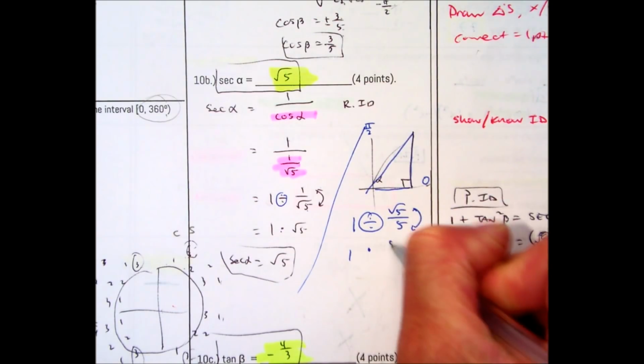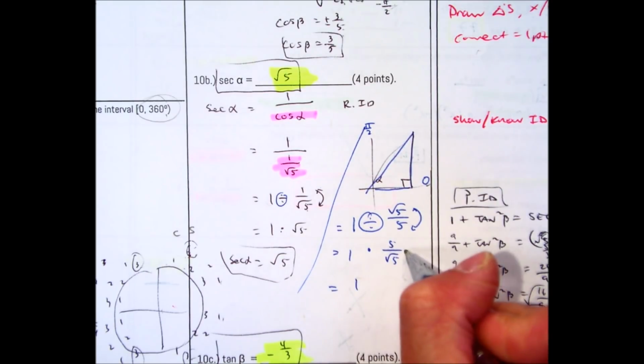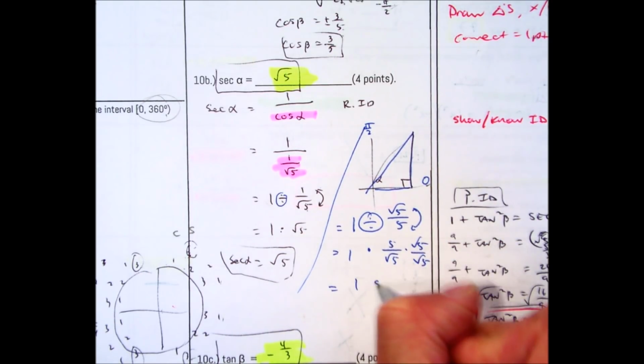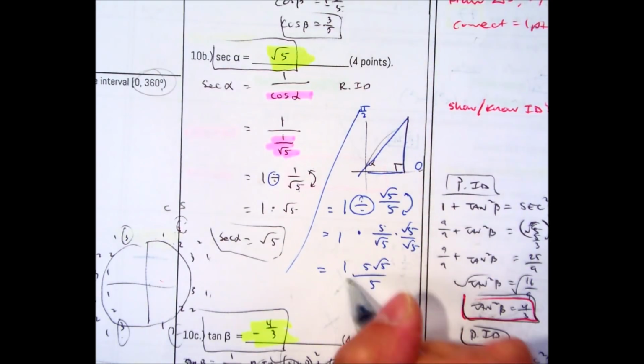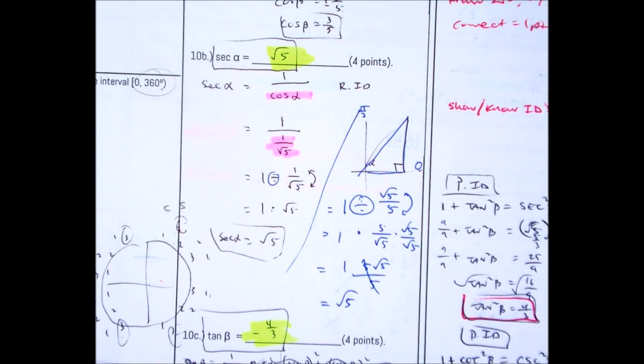You change that to multiplication, you take the reciprocal, you have 5 over radical 5. Here to rationalize, I would just multiply by radical 5, so you have 5 radical 5 over 5 times 1. You don't need the 1 and the 5's cancel, you're still left with radical 5.